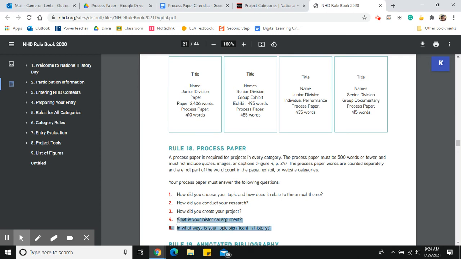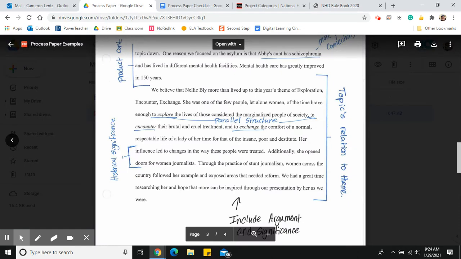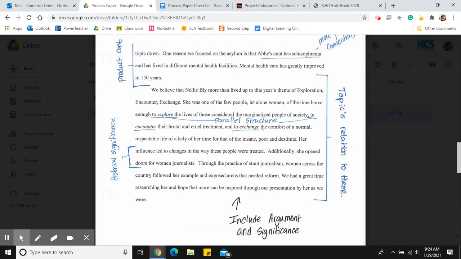Because if you think of your thesis statements, your thesis statements do all three of those things, right? We made you address the theme in your thesis. We made you create some kind of argument that signifies or shows the historical significance, the historical importance of your NHD topic.